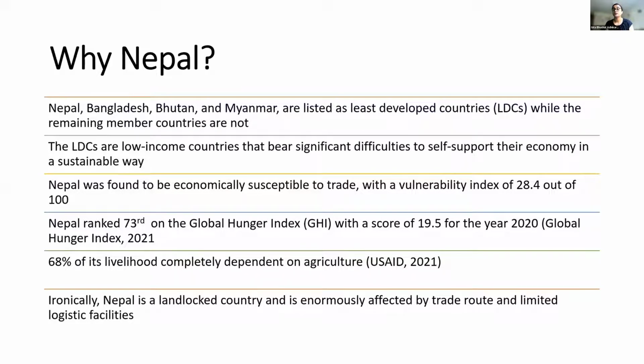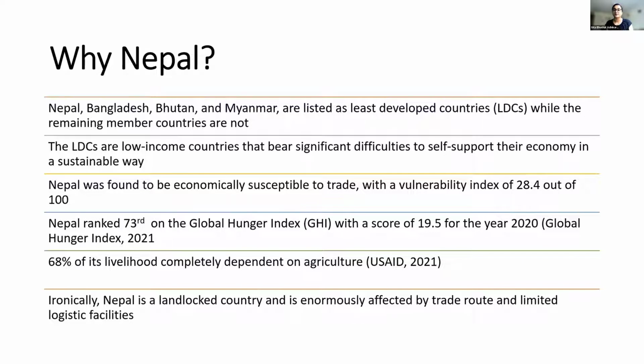And if you look at the vulnerability index, Nepal was found to be economically susceptible to trade with an index of 28.4 out of 100. It also ranked 73rd on the Global Hunger Index with a score of 19.5 for the year 2020. And if the score was from 19.9 to 20 or something, it will be converted to severity.